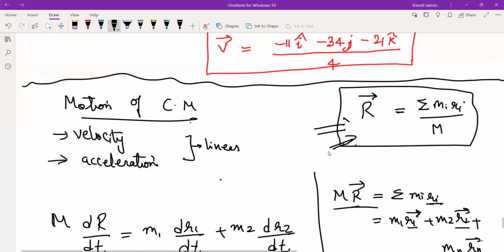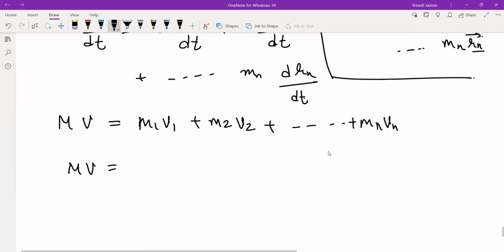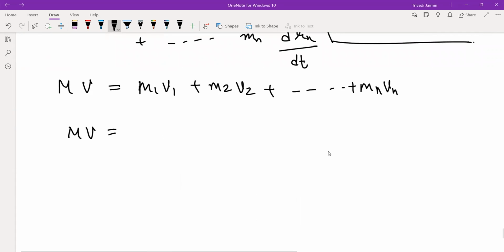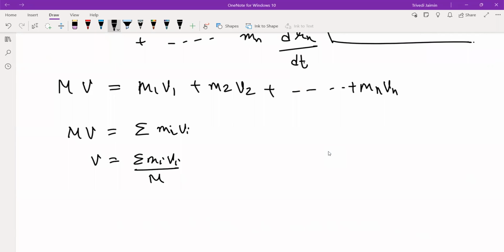Summation of mi vi by M. Exactly. So v equals the summation of mi vi by M.